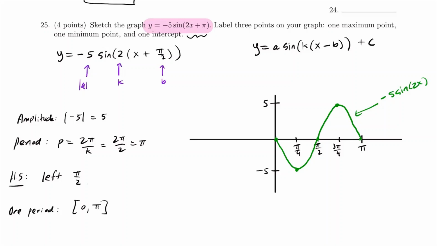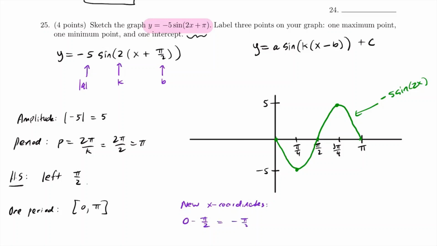So let's go ahead and do that. This point gets shifted. The new x coordinates are the following. 0 goes pi over 2 units to the left. So 0 minus pi over 2 is -pi over 2.